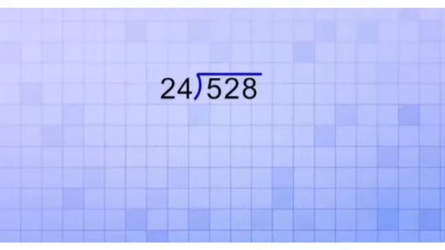Now we look at another example. Here you can see students, in this example your divisor is a two-digit number like 24 and 528 is your dividend. Now start the division.